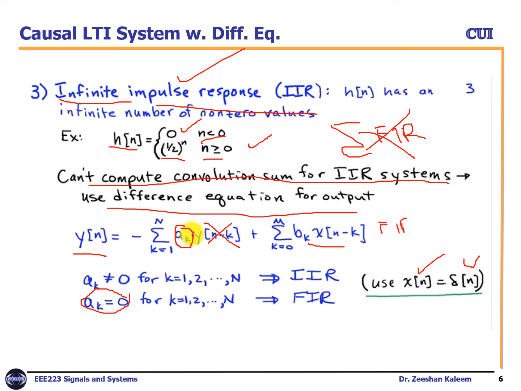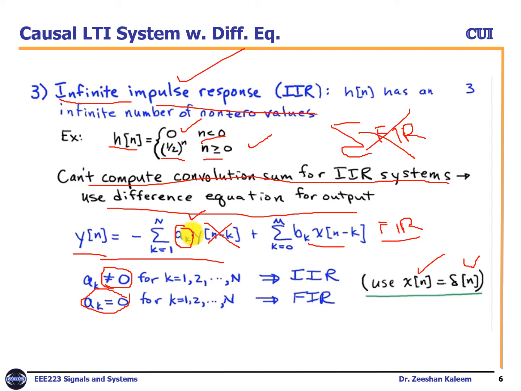Because in a finite impulse response system, you don't have an output before input occurs. So we don't have past outputs before the inputs, right? So this term will be 0. Whereas if we don't have a_k equal to 0 for every term, for example a1 is not 0, then we have a recursive type of equation, and when we have a recursive type of equation, it is named an infinite impulse response system.